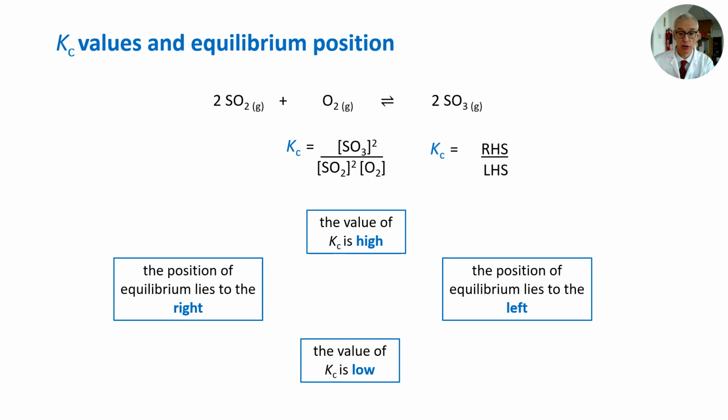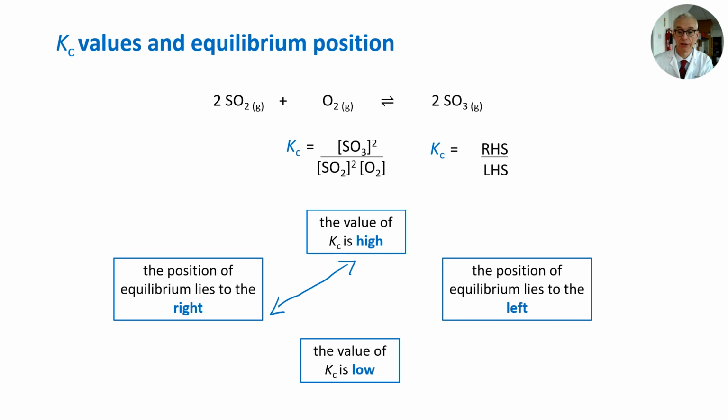Okay, so if Kc has a high value, that means the right-hand side value is large compared to the left-hand side. So the equilibrium position would be to the right. Similarly, if the equilibrium position is to the right, then Kc is high.